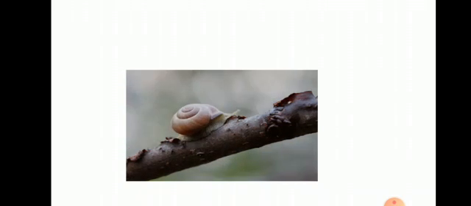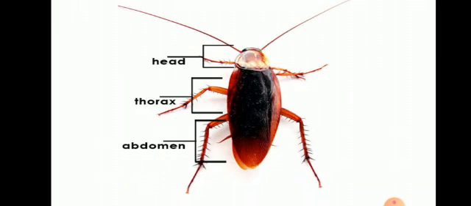Next, you studied the movement of the cockroach. The body of the cockroach is covered with a hard outer skeleton that is made of different units joined together. It belongs to phylum Arthropoda.